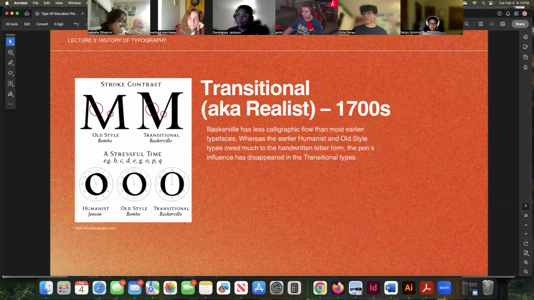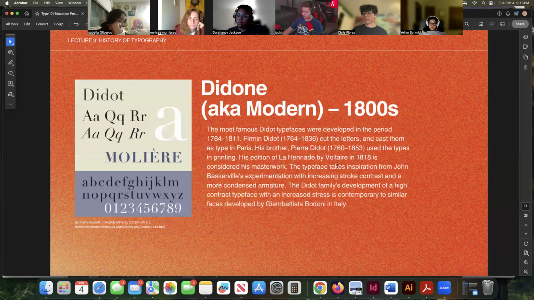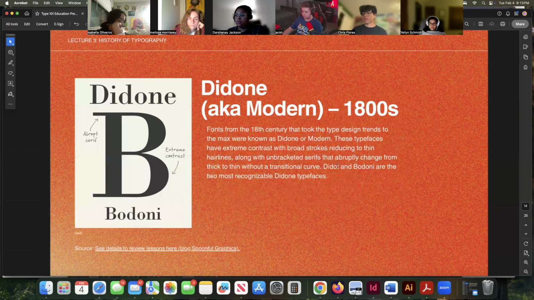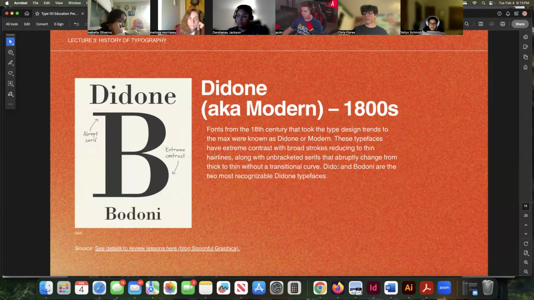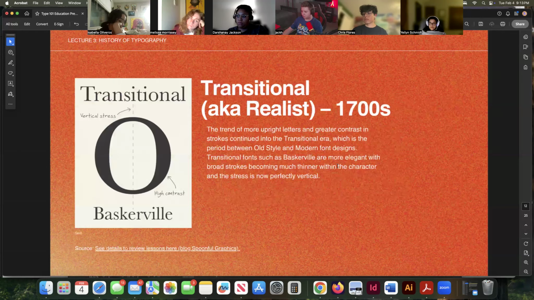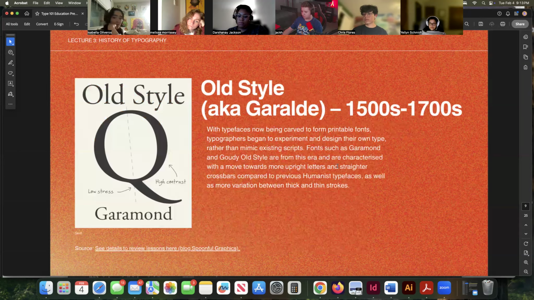But you'll find that the thick-thin, like the more traditional ones, might work better, because one's a letter, one's a number, and one's a symbol. Depending on what you're going for and the word you're going to use, you might want the thick-thin, or you might want the more traditional, straight up and down, evenly balanced fonts for those. Whereas Garamond has a little bit more of a curviness to it, and it's still got a bit of the slant to the left.